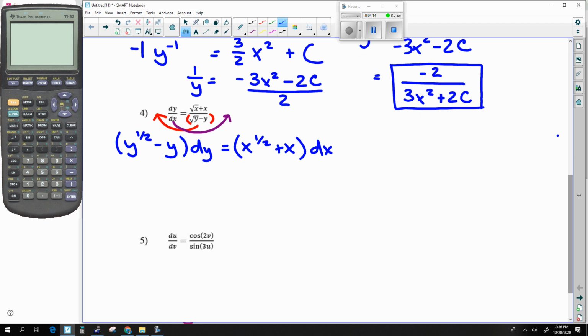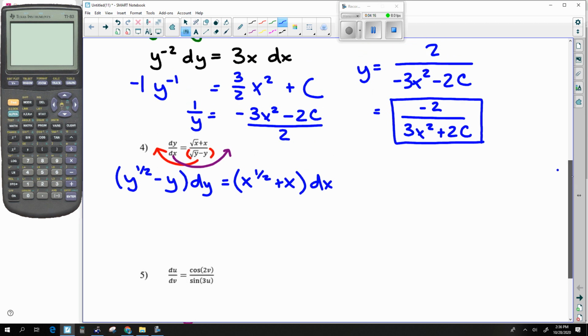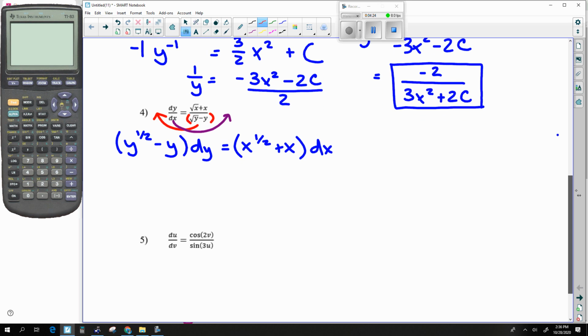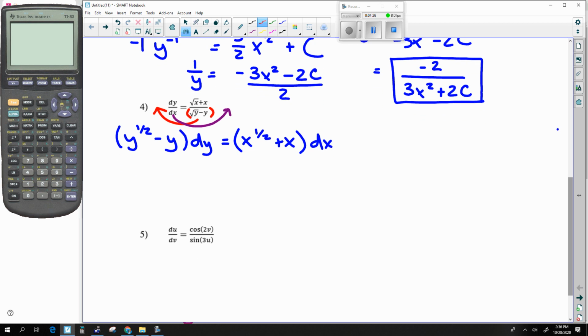Now we integrate both sides. I should have mentioned that when I integrate, these don't go away, but they let you know what it's with respect to. All right, so y to the 3 over 2, that's 2/3, y squared, so that's a 1/2.